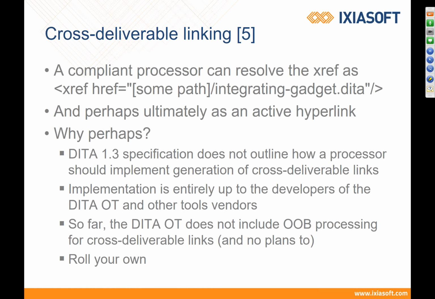So that's still a roll-your-own, but at least there's a standard mechanism. Based on this standard mechanism, you can set up this potential, and then if you have in-house developers, or maybe you can contract it out, get someone to write the processing that will turn this cross-reference into an active hyperlink, so that you could link from a topic in Help System A to a topic in Help System B.